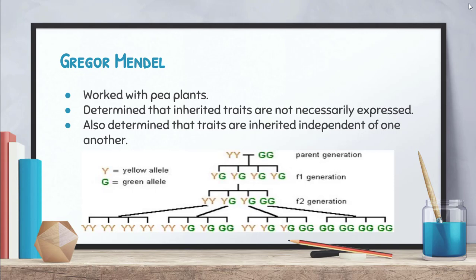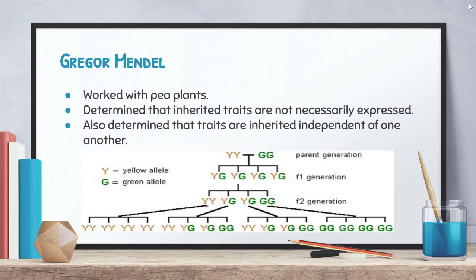So what he ended up doing is breeding two of the F1 generation together. You see once the yellow and green in the parent generation were bred, there are 4 listed there. Now, there were many more pea plants than just 4, but he took 2 of those and bred them together. With 2 yellows, because yellow is what was expressed, he would expect that all of them would be yellow.